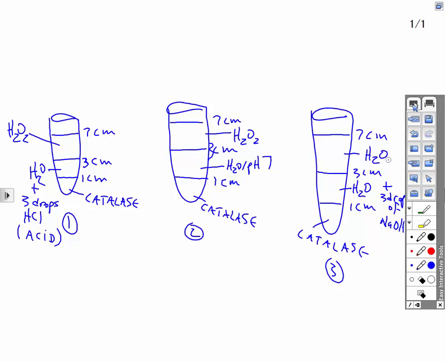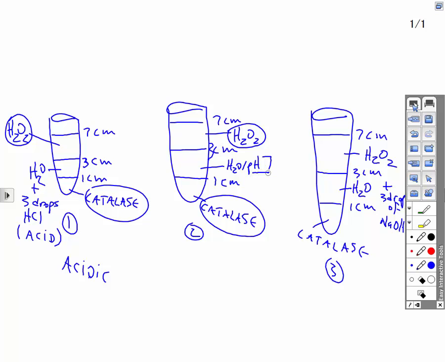So really what we're looking for here, if you compare the 3 tubes, the first tube has an acid in it, so it's an acidic situation. Does catalase work best in an acidic situation? You do have catalase, you do have hydrogen peroxide, so will catalase break down the hydrogen peroxide in an acidic situation? In the second tube, we do have our enzyme catalase, and we do have our hydrogen peroxide, but this is at pH 7.